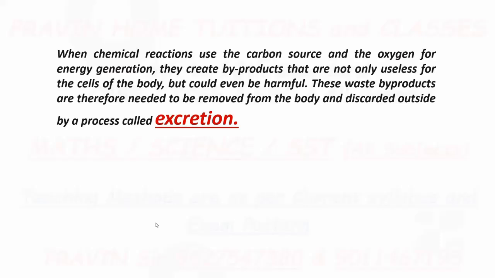When chemical reactions are carried out, there is a generation of byproducts. These byproducts are useless and harmful to the body, and they should be removed from the body. The process of removal of byproducts from the body is called excretion.